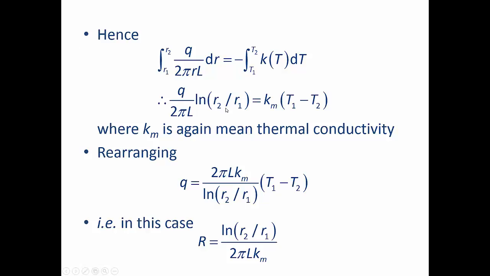On the left hand side, of course, the integral of dr over r integrates to log of r, and when you apply the limits, this gives you log of r2 over r1.